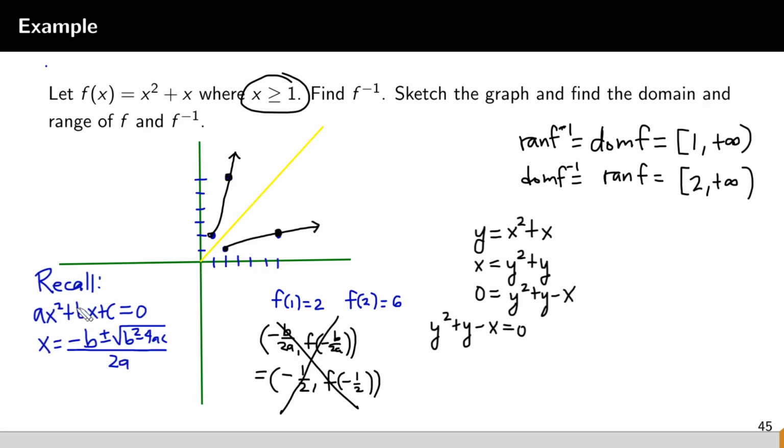Now, this quadratic formula is true for any quadratic equation regardless of the variable. So, kung itong x dito, papalitan ko ng y. Gagawin ko siyang ay squared plus by plus c equals 0. Then, I will have y equals negative b plus or minus square root of b squared minus 4ac over 2a. Okay? Ito yung meron tayo. That's exactly it. And we're solving for y.